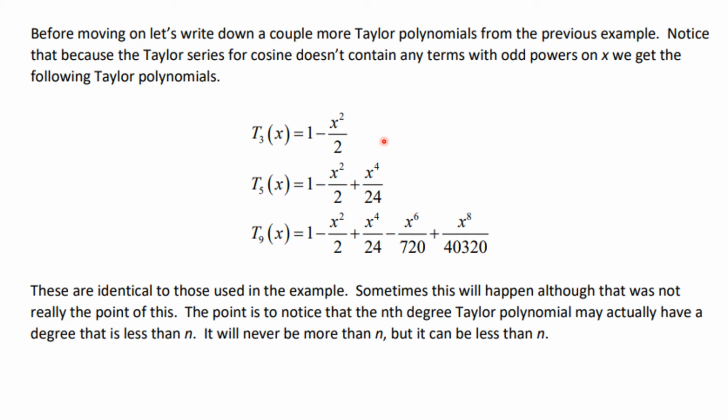So this is the same thing as T2, this is the same thing as T4, this is the same thing as T8. Now these are identical to what we used in the example, but it's not always the case. The point to note is that the nth degree Taylor polynomial has terms of degree less than or equal to n. It'll never be more than n, but it can be less than n.